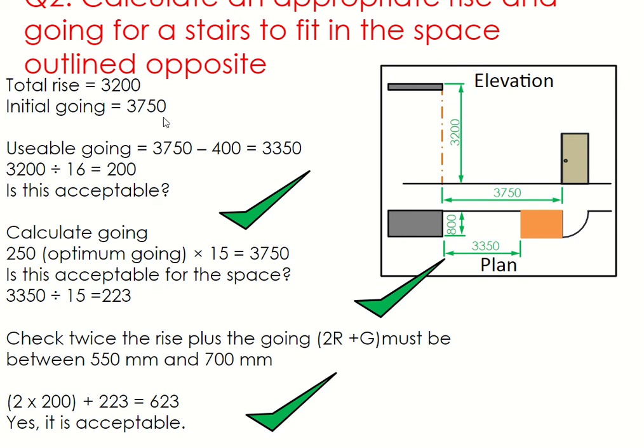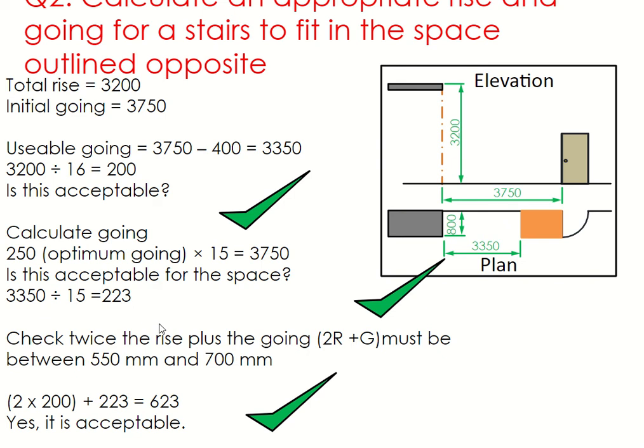Then we have to remember that we can't divide 3,750 by 15, because we need to take a 400mm area out, because we don't want the stairs to end exactly at the end of the door. The answer we then get for our going is 223.